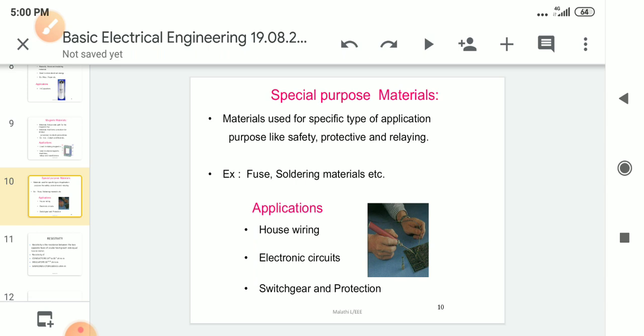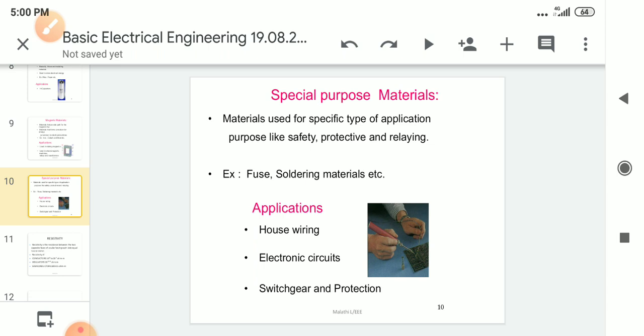So what is this special purpose material? The materials which are used for special purposes in a particular field of electrical engineering. There are a number of materials which are used to perform special functions. These types of materials are special purpose materials.